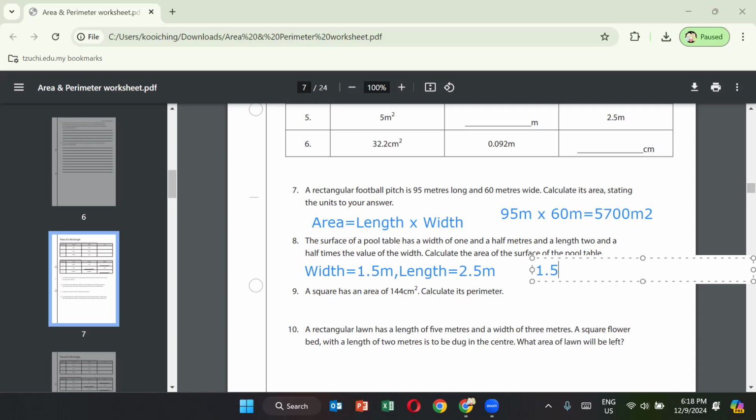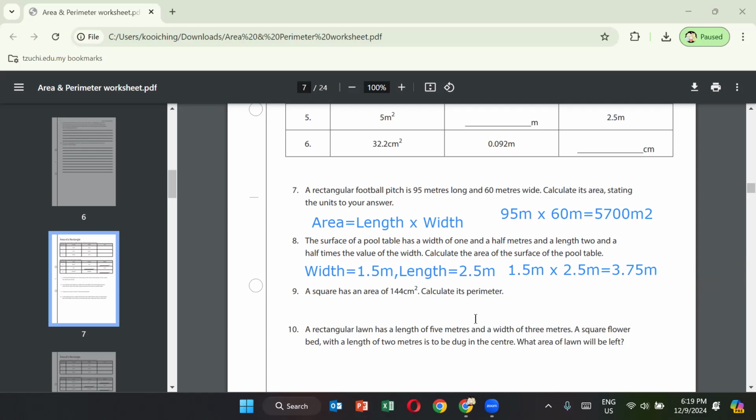So 1.5 meters multiplied by 2.5 meters will be equal to 3.75 meters. So we have found the answer for the width times the length. So moving on, the answer is 3.75 meters.